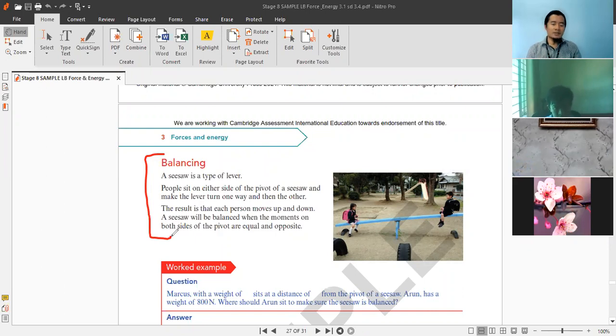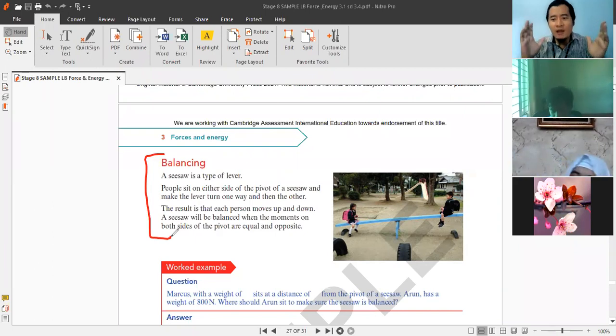Okay, thank you so much. We say balancing. If we discuss a lever, just imagine there are two sides of the lever, right side and left side. Balancing happens when the moment of the left side and the right side is the same.